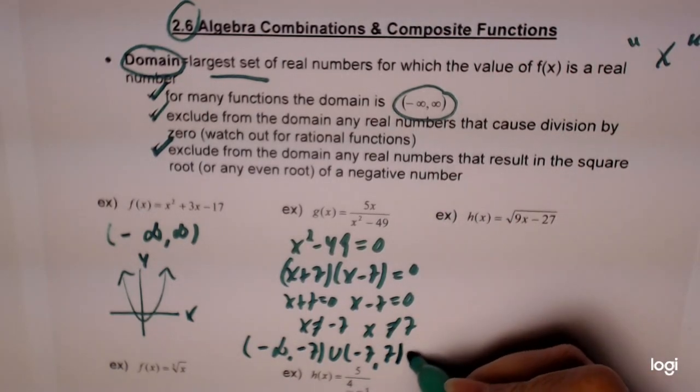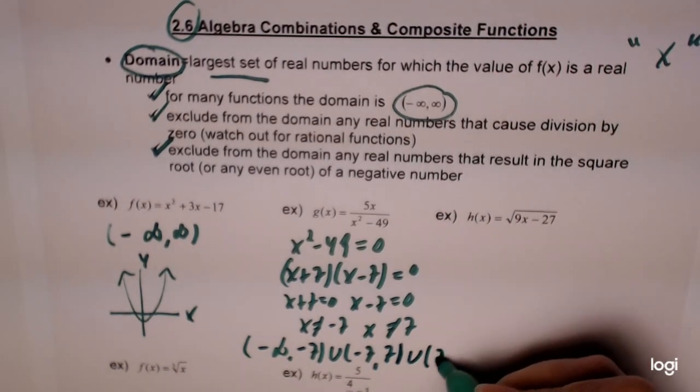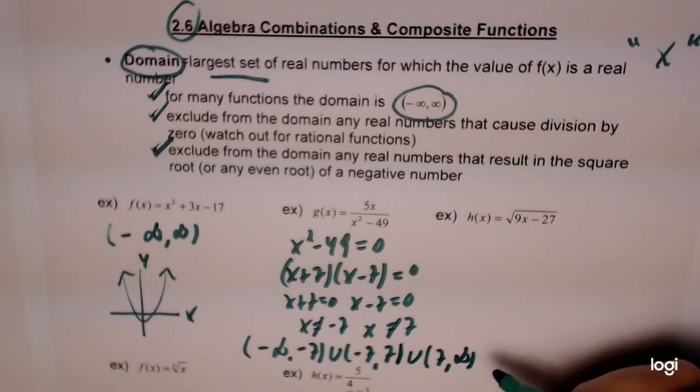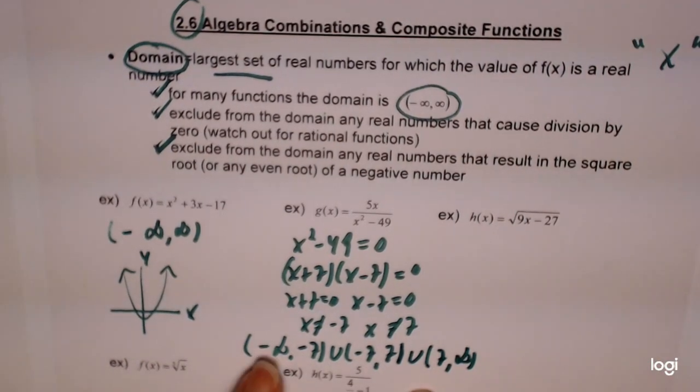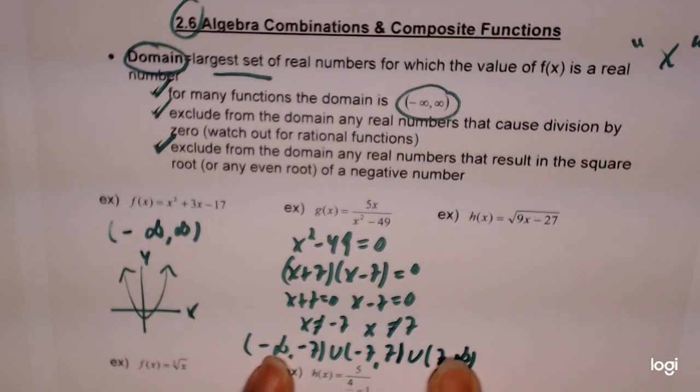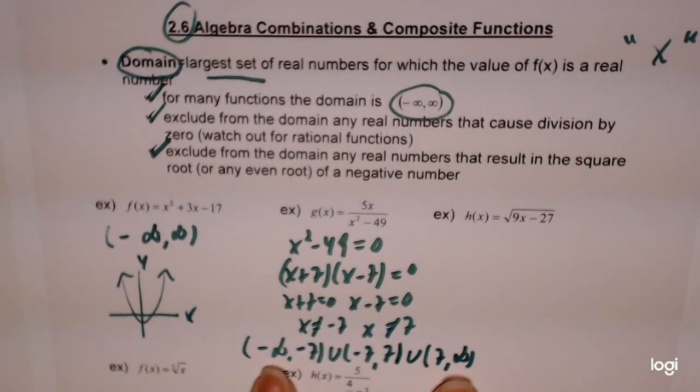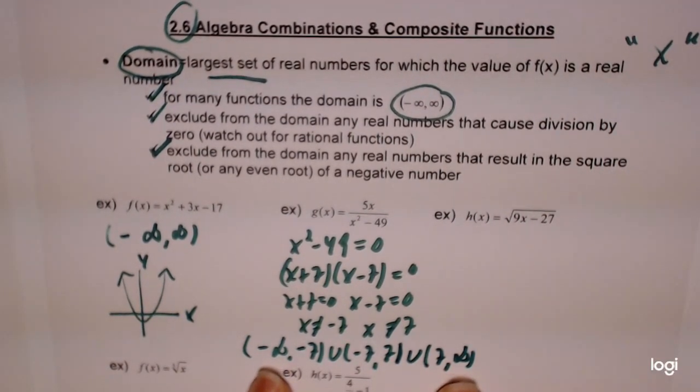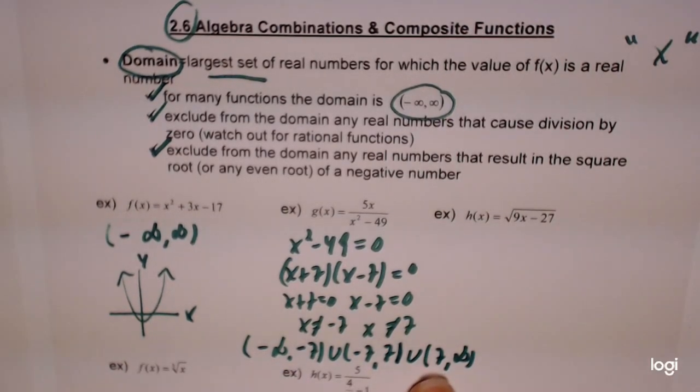And then I can finish up going from 7 to positive infinity. So here we go from negative infinity to positive infinity, but to show we are kicking out negative 7 and positive 7, I have to write my interval notation like this, very involved.